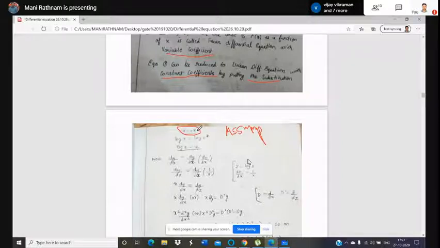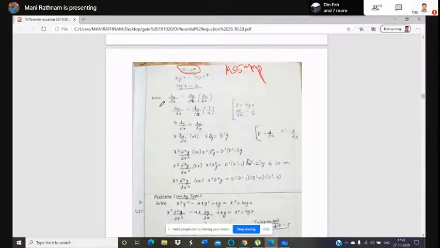So every variable coefficient equation should be converted into a constant coefficient equation. How to convert it? This procedure is helpful for that. First, x equal to e power z. Already you know that x is the independent variable. See that d by dx, if it is y, represents the first order derivative.